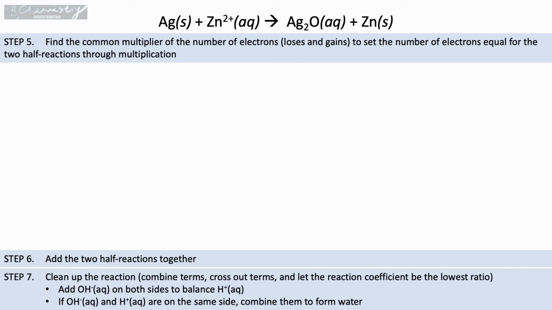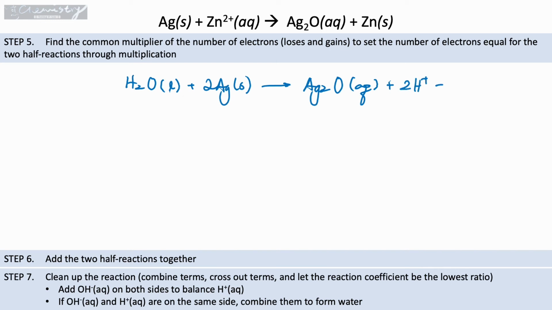With that in mind, we are again going to start by looking for the least common multiple between the two reactions. Remember that we are going to keep all the H2Os, H plus and everything we added to balance the atoms.